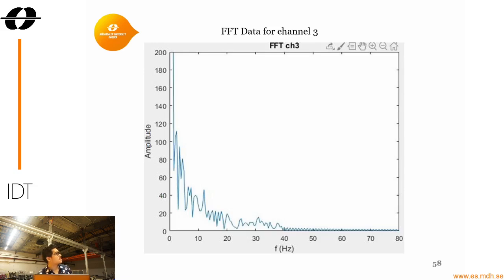And here we can see the fast Fourier transform performed on a window. So we separate into windows, each window being 256 samples, which was 1 second. And we can see in the lower frequencies there's a lot of activity, but we'll just focus on the frequencies between 8 and 20, which was the most relevant for us.